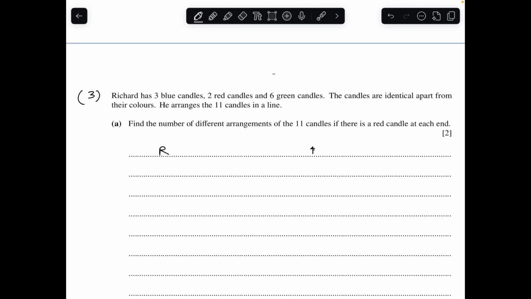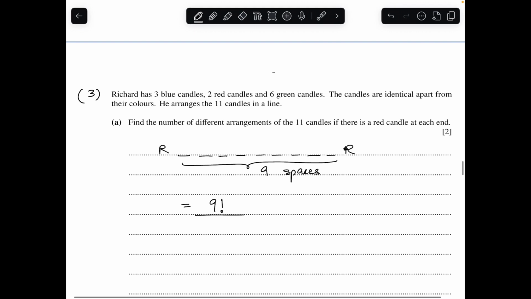So if the red candles are going in here, we are left with 9 spaces. 1, 2, 3, 4, 5, 6, 7, 8 and 9. So there are 9 spaces left in between. These 9 spaces can be filled up in 9 factorial ways.